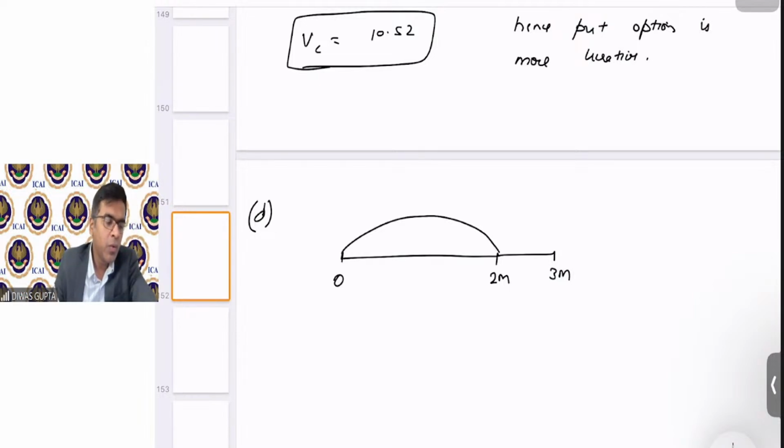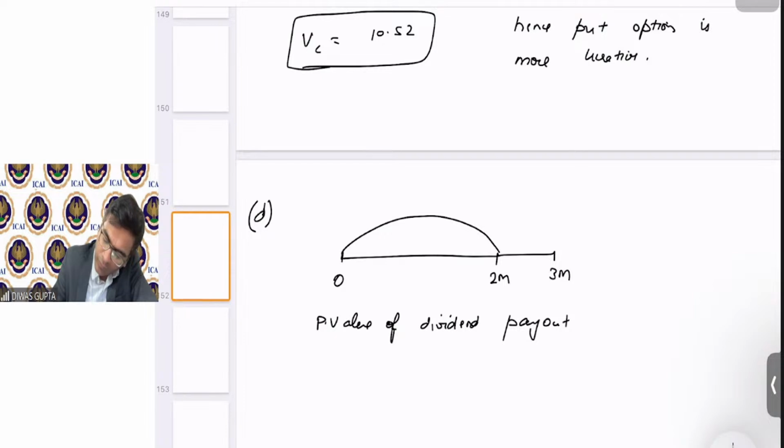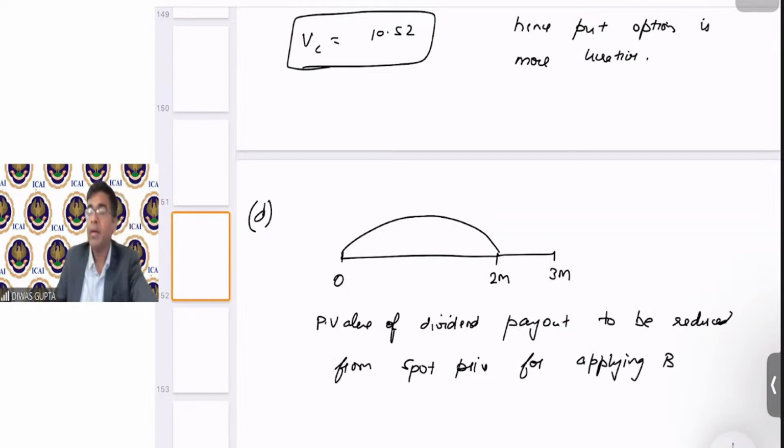So the present value of dividend payout is to be reduced from spot price for applying DSM. Okay. So, students, till now, we have been given the spot price and we were taking that as it is. But if there is a dividend likely to be paid, then we will actually reduce that.